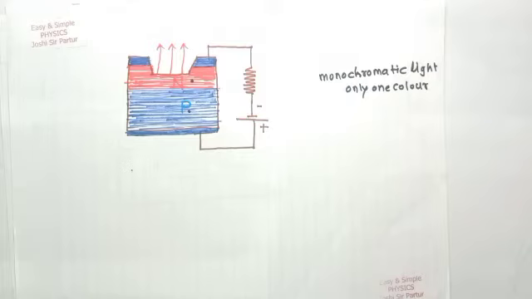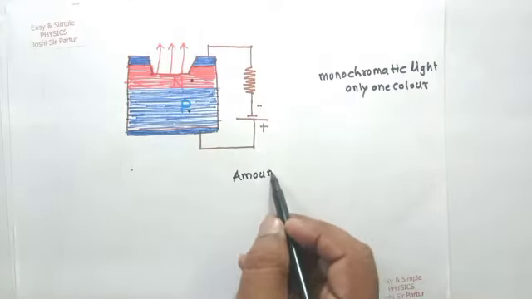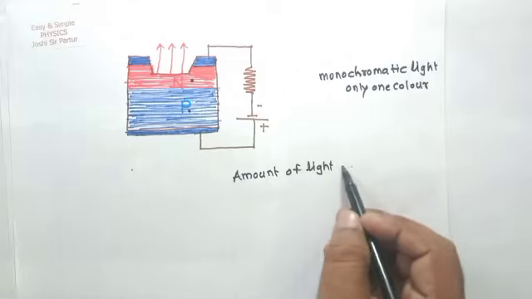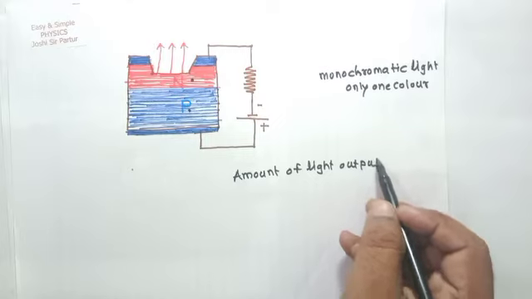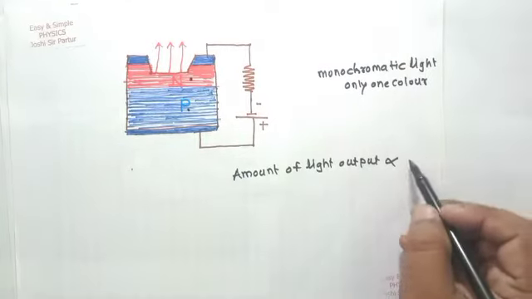When they emit light, the amount of light output is directly proportional to the forward current.